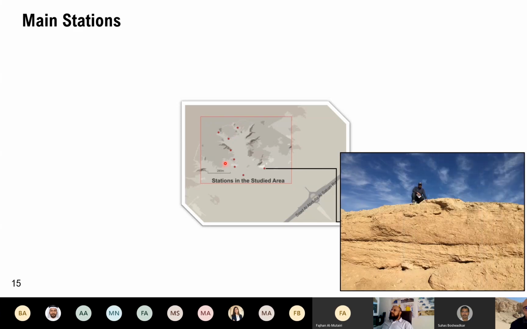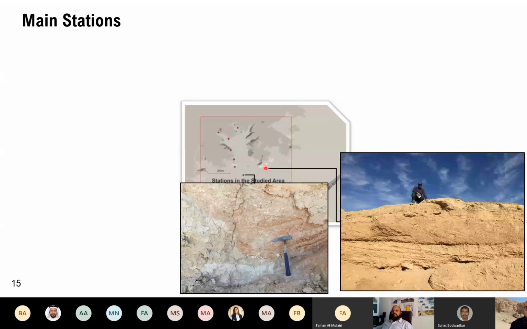We have started with the lowermost units. So these units are still there today. You can see here, again, Ayman as a scale, and large scale cross-bedding at this part. After that, we moved about 500 meters, to the same facies, which is this reddish facies.